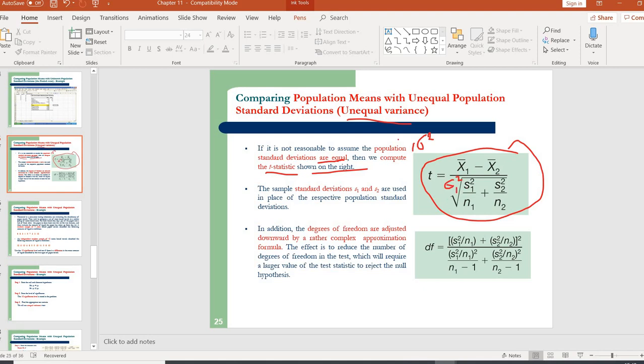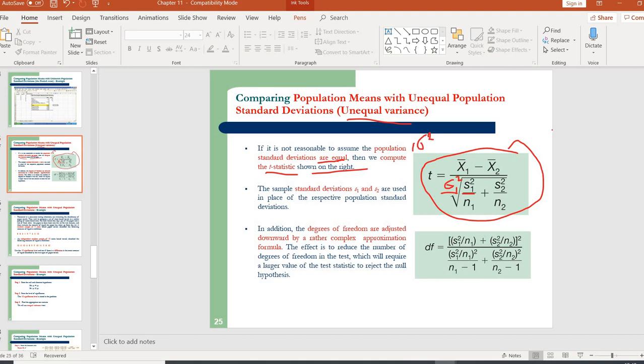Now, in the case where we don't know the variances or the standard deviations of the population, we will just replace sigma 1 square by the variance of sample 1, as we always do since we've started.